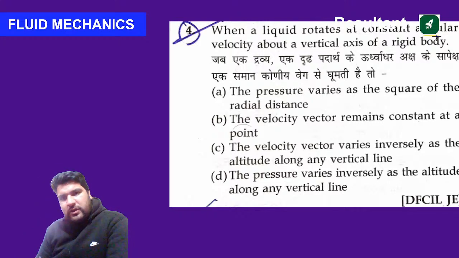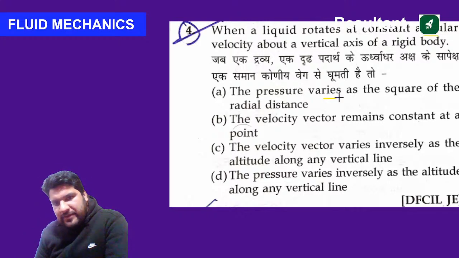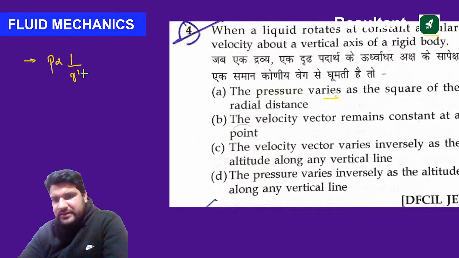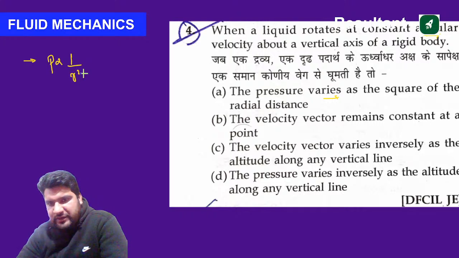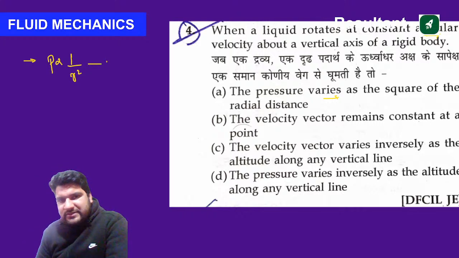Remember, in case of constant angular velocity, this is the free vortex motion. In case of the free vortex motion, the pressure varies inversely proportional to 1 by r square, where r is the radial distance.